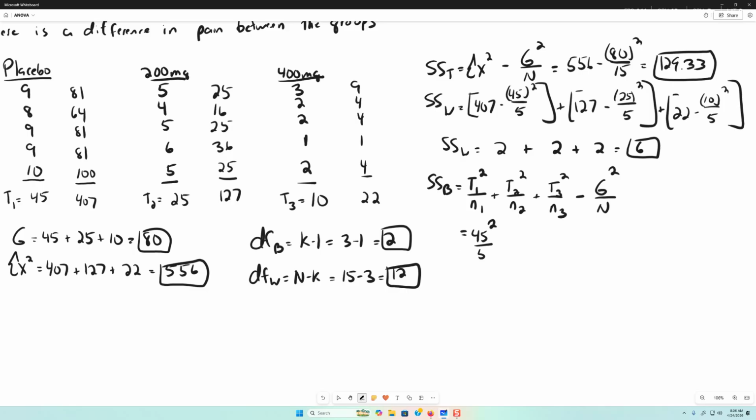Over 5 plus 25 squared for T2 over 5 plus, for T3, 10 squared over 5, minus G squared, which is 80 squared over 15.